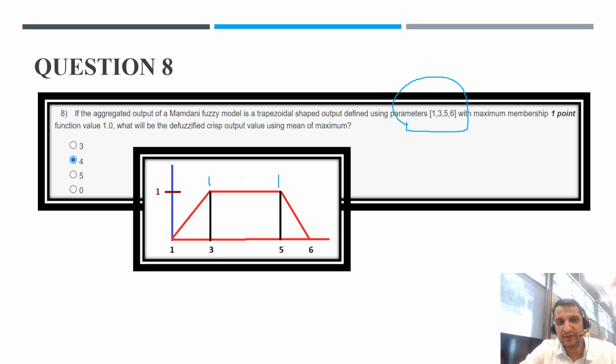So with maximum membership value, what will be the defuzzified crisp output using the mean of maxima? In this question, there are largest of maxima, one type of defuzzification, smallest of maxima, and mean of maxima.